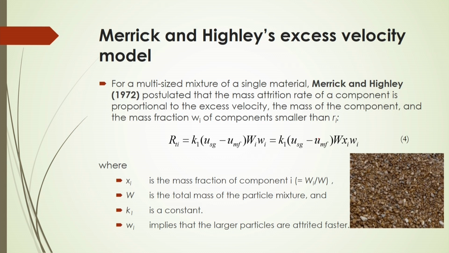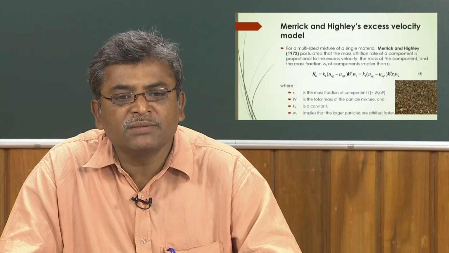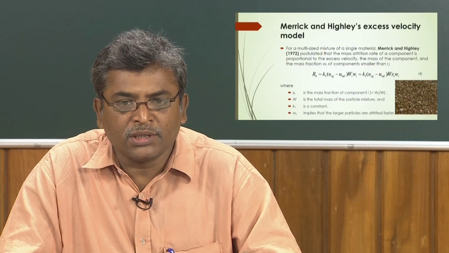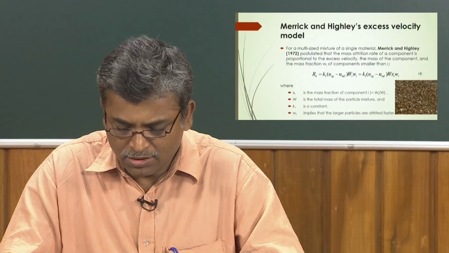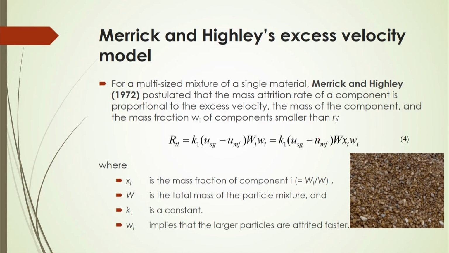And based on that multi-sized mixture of a single material, they actually proposed that the mass attrition rate of a component is proportional to the excess velocity, and the mass of the component and the mass fraction W I of components smaller than R I, then it can be expressed as R T I, that will be equal to K 1 into excess velocity from the minimum fluidization velocity into W I into small w I.